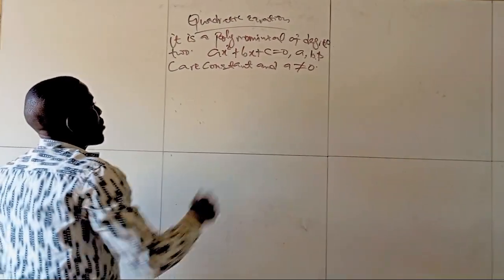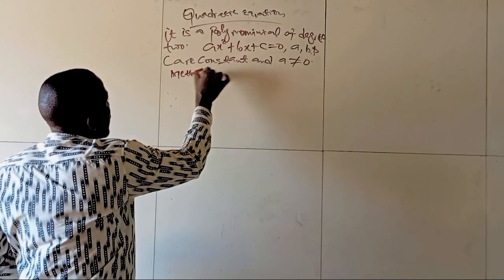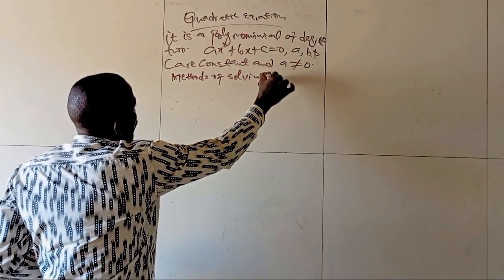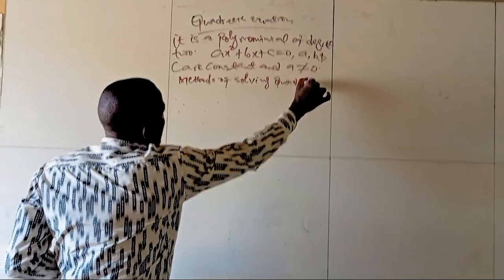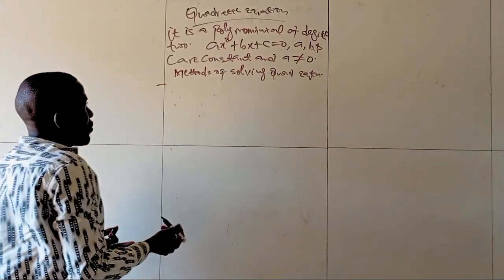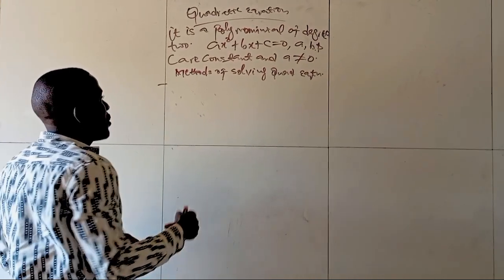Now, what are the methods of solving quadratic equation? Basically we have 4 to 5 methods, but they also have other contents in them.